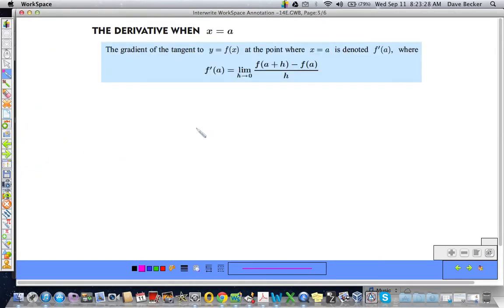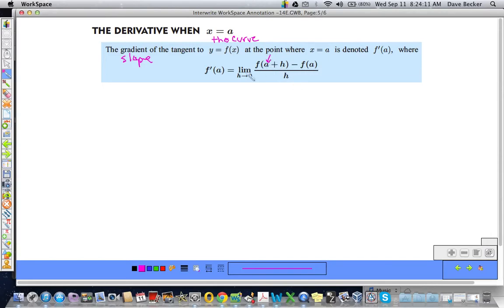Okay, so the derivative when x is equal to a. In the past example, I think we did x is equal to 3, and we moved the graph around a bit, but we found the derivative when x is equal to a particular value. So the slope of the tangent to y equals f of x, the curve, at the point where x equals a is denoted f prime of a, where f prime of a equals the limit as h approaches 0 of f of a plus h minus f of a, over h.